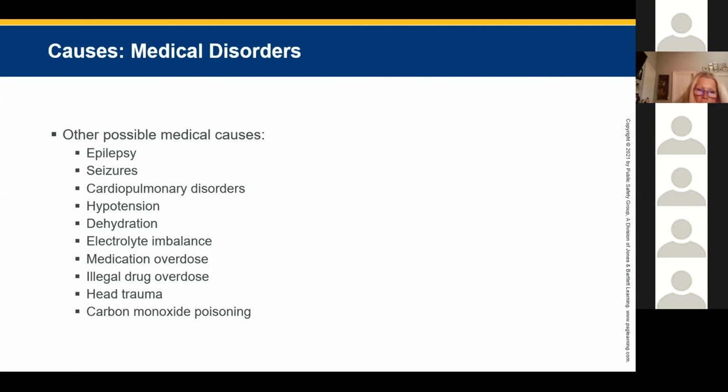Illegal drug overdose? What could that possibly be? Cocaine, opiates. Okay, right. Taking too much, mixing it with alcohol is the worst. So now you're speedballing it, and you got a downer and an upper.